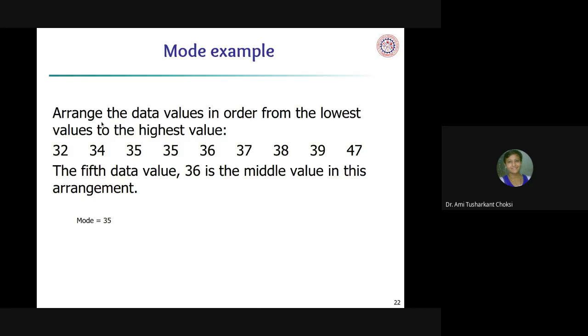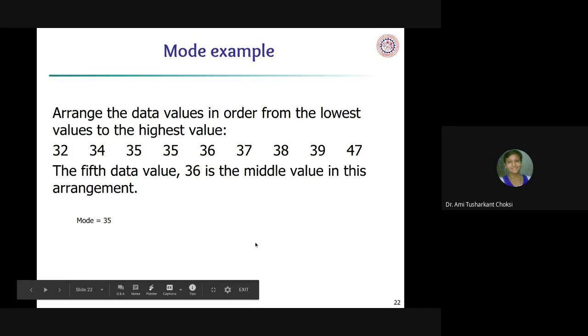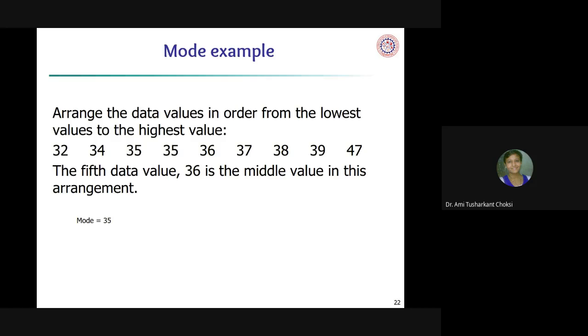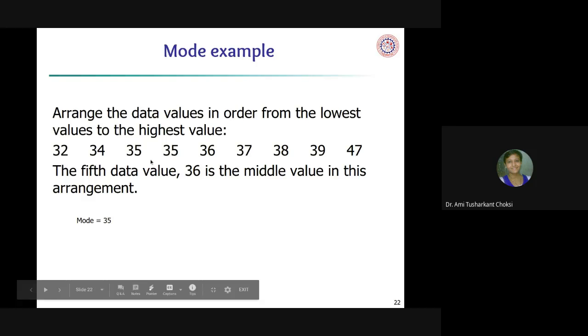Next is the mode example. Arrange the data values in order from lowest to highest value, that is, sort according to ascending order. Fine. Now the mode is the number which is available more frequently, right?